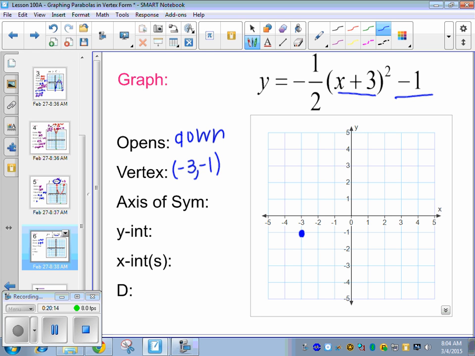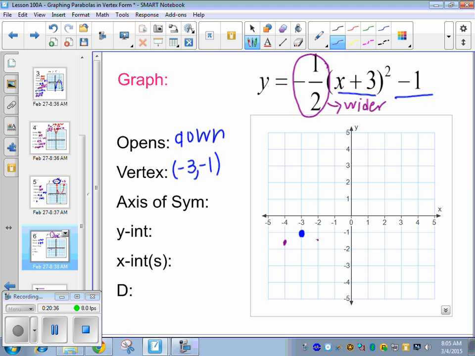Down, and we have a 1/2 in the front. So the 1/2 does what to this parabola? It is wider. So instead of going over 1, down 1, because we're going down, we would go over 1, down 1/2.